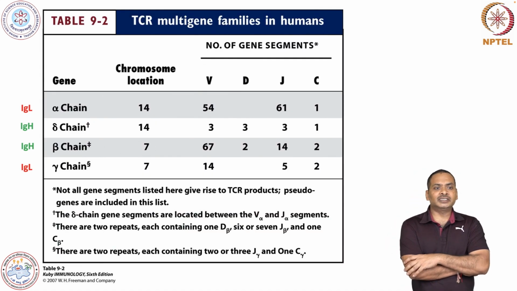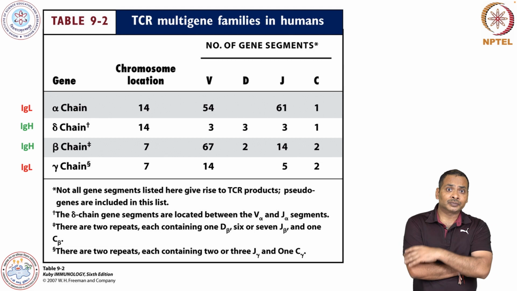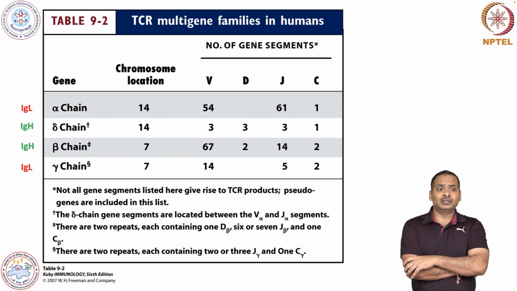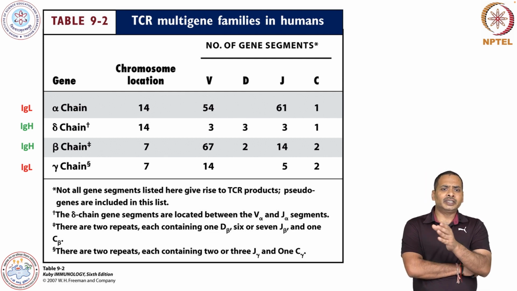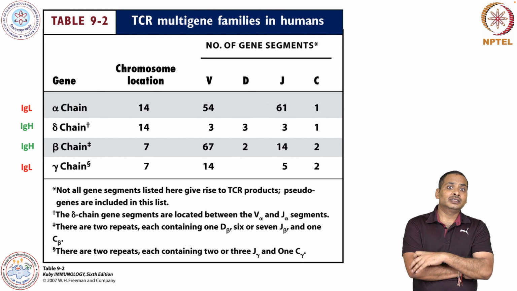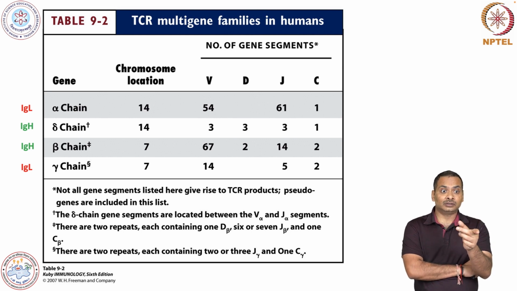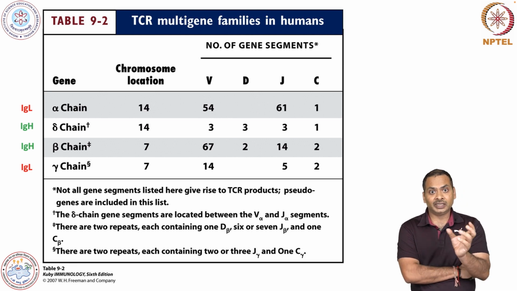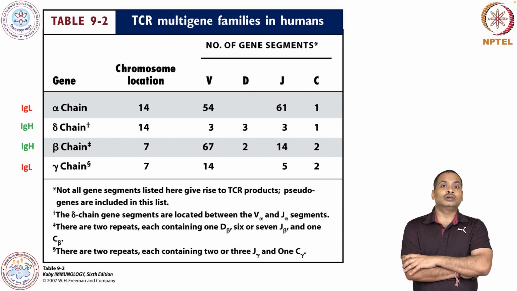Here you can see alpha and beta, and their chromosome locations. I told you alpha is like an immunoglobulin light chain, so I wrote IgL, which stands for immunoglobulin light chain.